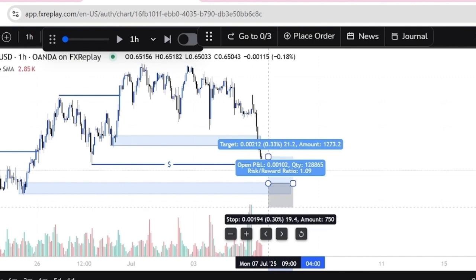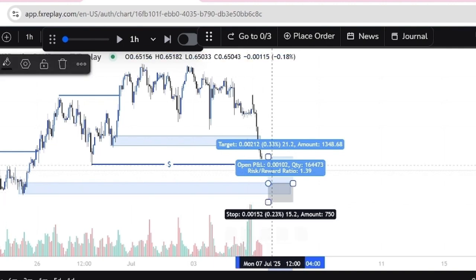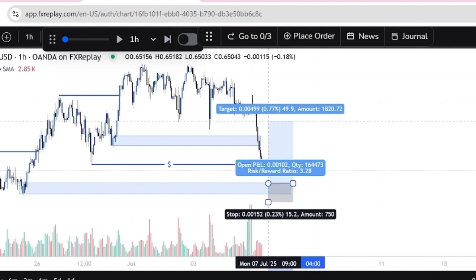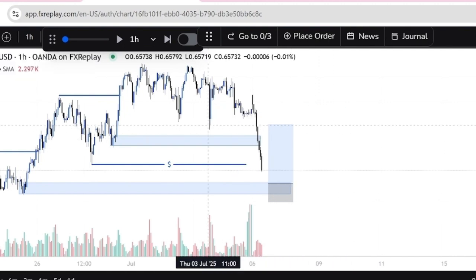We can use, let's say, 15 pips as our SL. Let's target at least 1:3. You know how I do it here. Okay, let's go with 1:3 and see what happens.